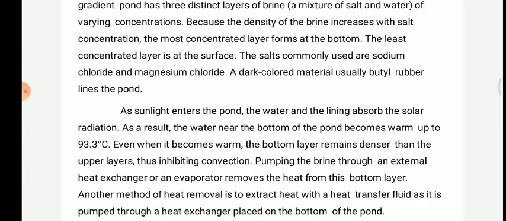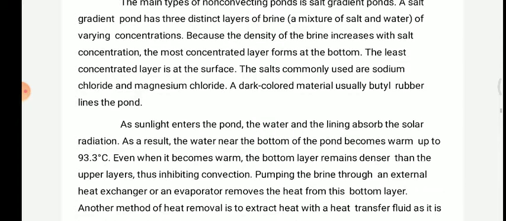The concentrated, high density salt is made up at the bottom layer, not on the top layer. In the top layer there is water which is directly in contact with the sun's rays. The least concentrated layer is at the surface, that means the lowest salt concentration.